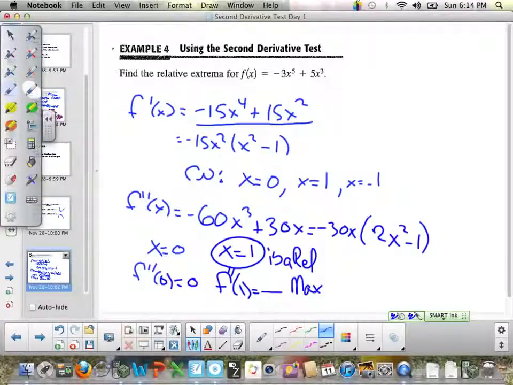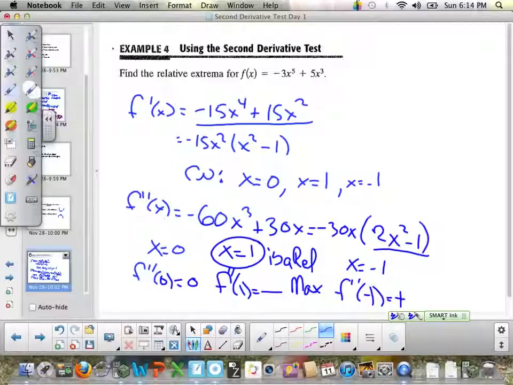If we substitute in x equals negative 1, all right, negative 30 times negative 1 is a positive. Negative times negative is positive. 2 times x squared minus 1, x squared, negative 1 times negative 1 is a positive 1. 2 times 1 minus 1 is positive. Positive times positive is positive.